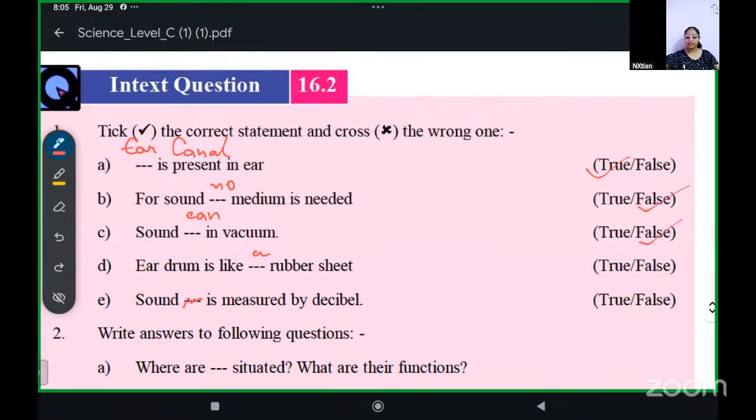Eardrum is like a rubber sheet. True. Sound is measured by decibel. True. It is measured in decibel.